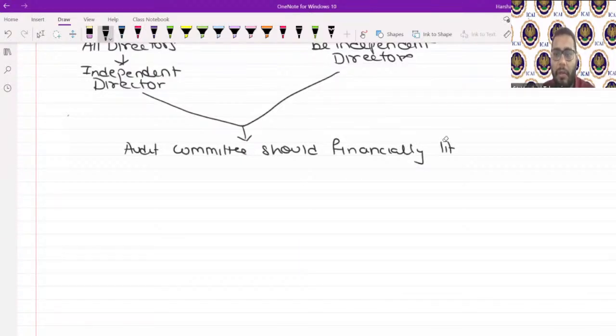That is, they should have the knowledge of reading financial statements, the balance sheet, the profit and loss account, and an understanding of accounting things.